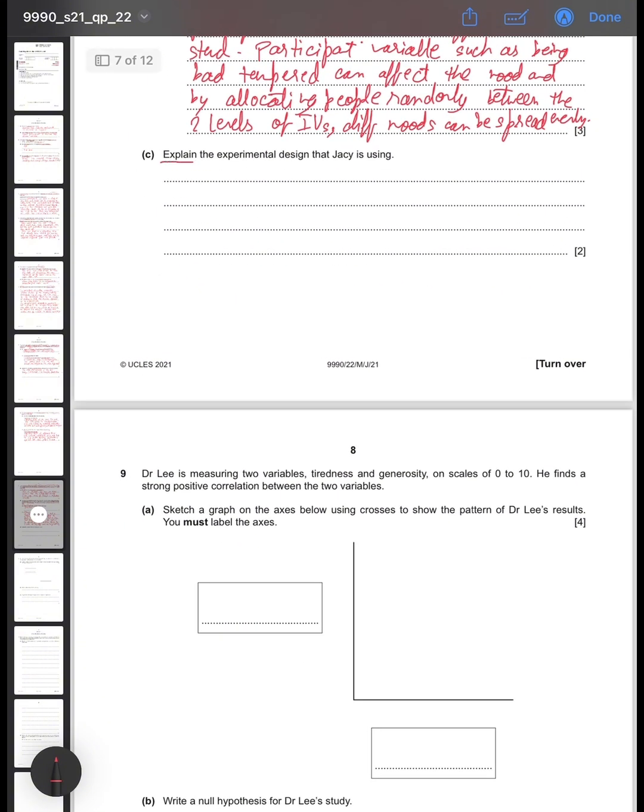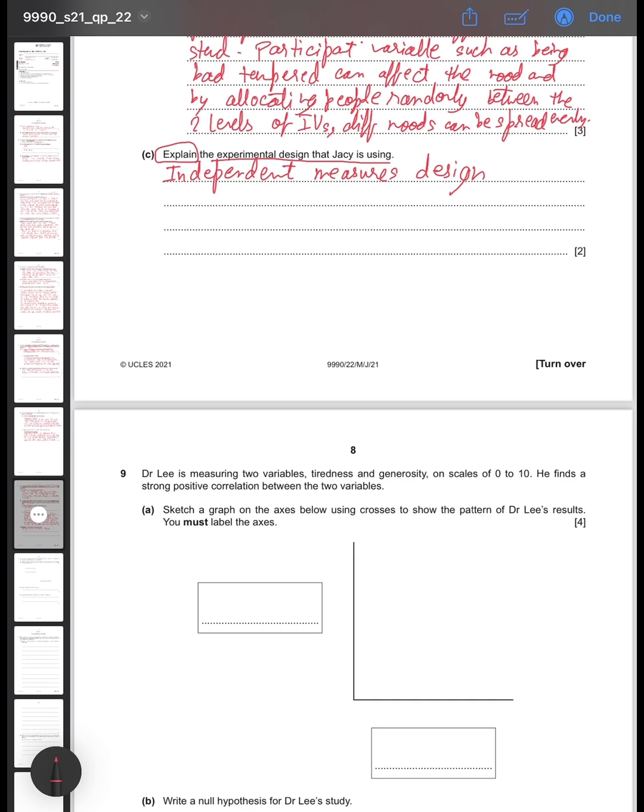Now part C says explain the experimental design that JC is using. So over here JC is using an independent measures design, and since the question does not ask you to state or name, it asks you to explain the experimental design, and it is for 2 marks, so you need to write why it is an independent measures design.